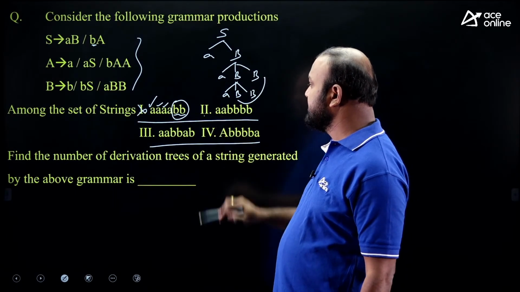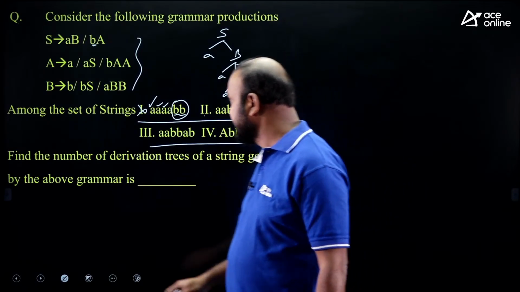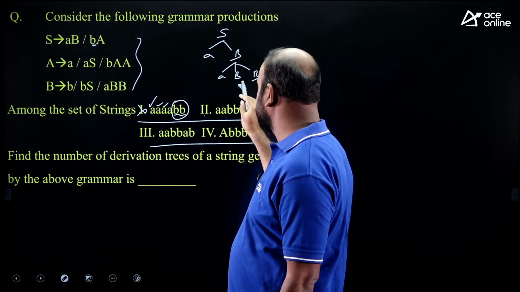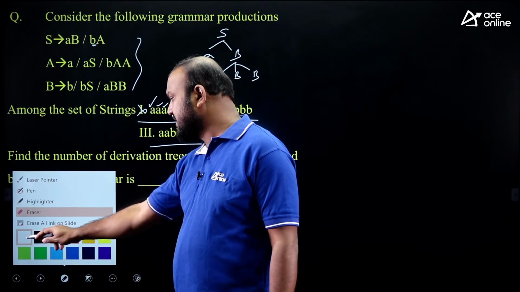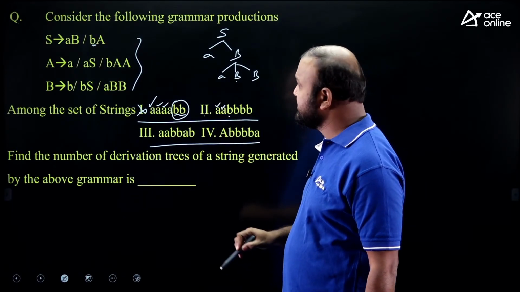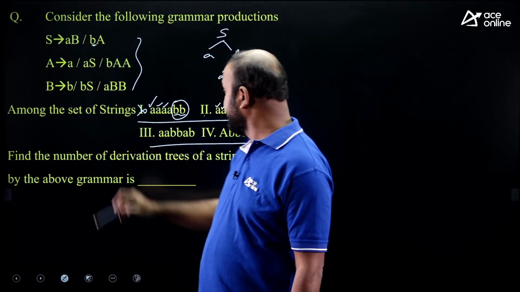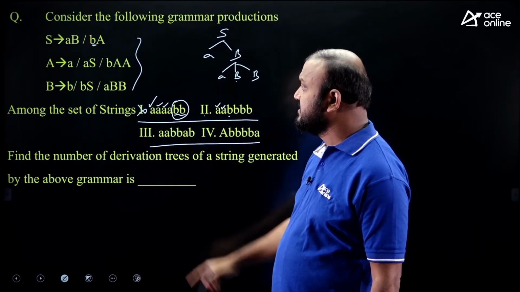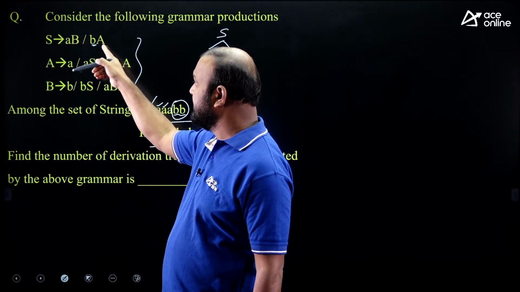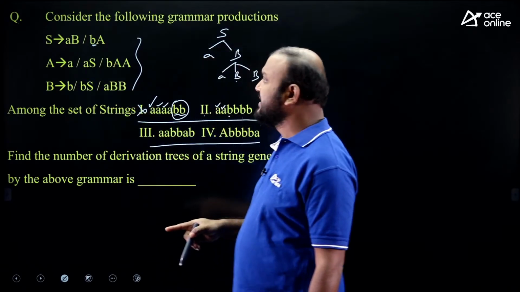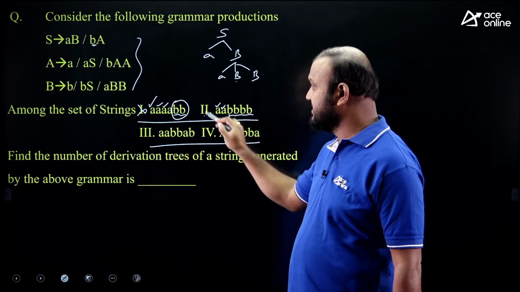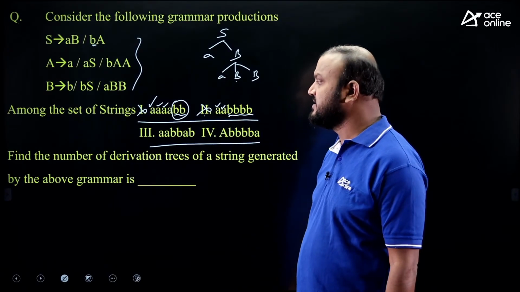And look at this one, 2 A's are already generated using this production. After this, we require a B. To get a B using B, we have B or BS. If I use BS, with S, A is possible or B is possible, with B again A is possible, because with capital A, small a's are possible, but there are no more small a's. So this is also not possible to be generated by the grammar.